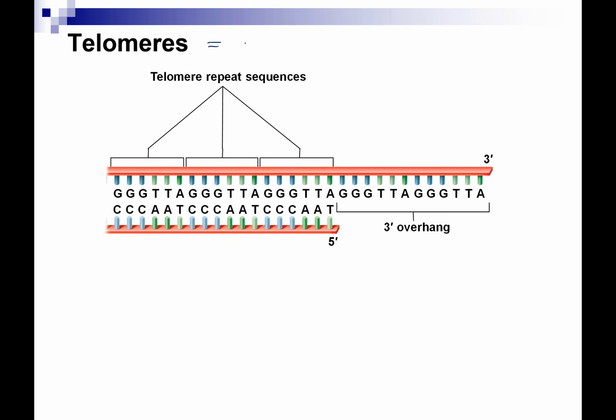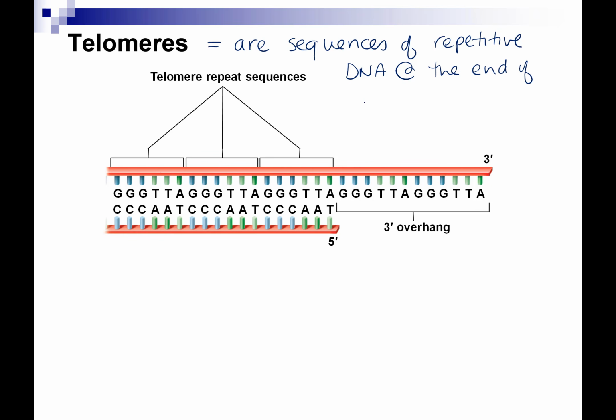So telomeres are sequences of repetitive DNA at the end of eukaryotic chromosomes. They're repetitive sequences.